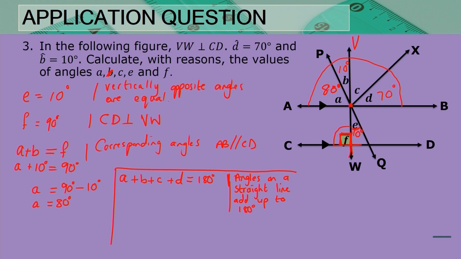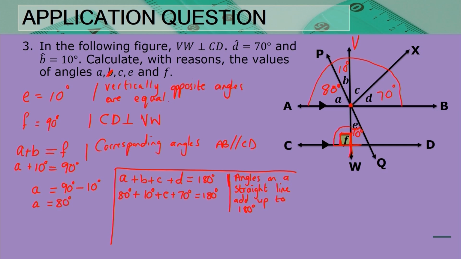Now A we found as 80 degrees, and we found B as 10 degrees. Then we are looking for our C, and our D there is 70 degrees, and this all equals 180 degrees because all the angles add up to 180 degrees.